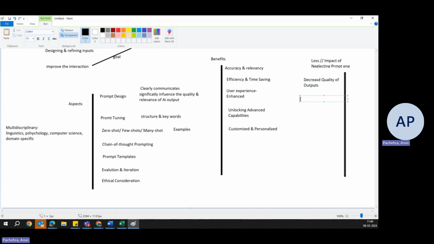All right, then frustration. Another impact is frustration or misunderstanding. Well, you can easily understand when it will not give you what you want, the desired output, then you keep on asking. So, users may experience frustration and inefficiencies, needing multiple attempts to get the desired responses. This can lead to decreased trust in and reliance on AI technologies, and they will be like, I can do it by myself.